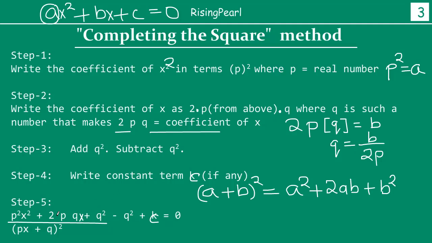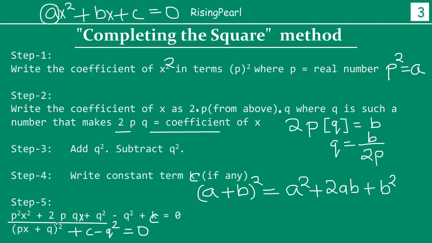Now that we have written (px + q) whole square, what we have successfully done is, you still have outside, in this case, plus c minus q square equal to 0. You still have that, but we have successfully put both the x terms inside a whole square, (px + q) whole square.